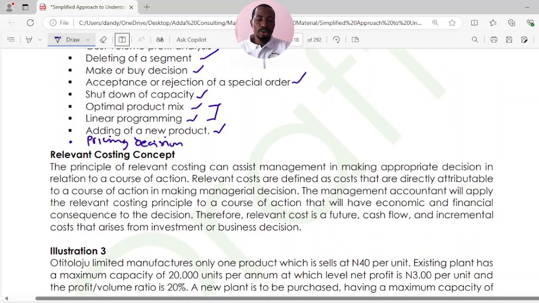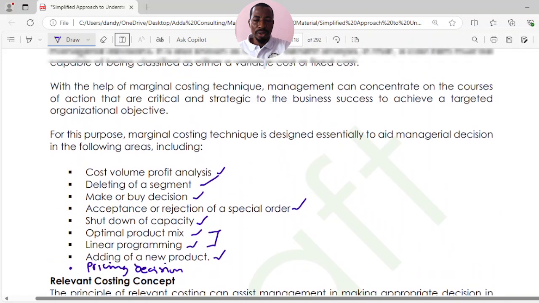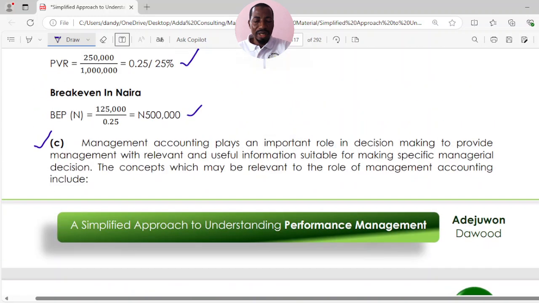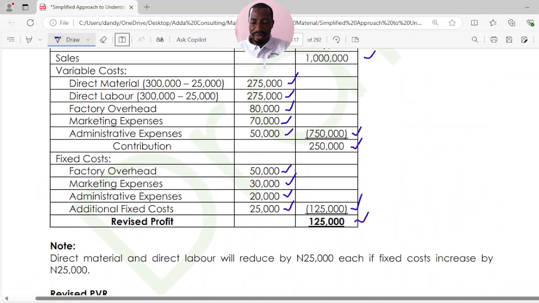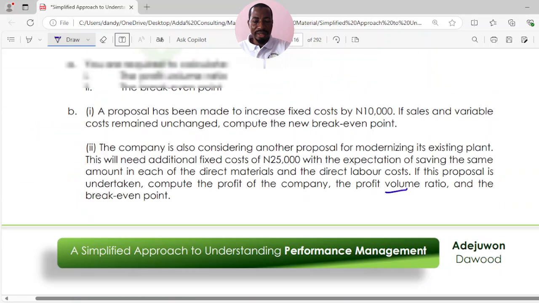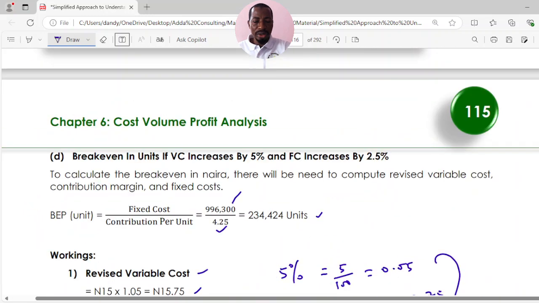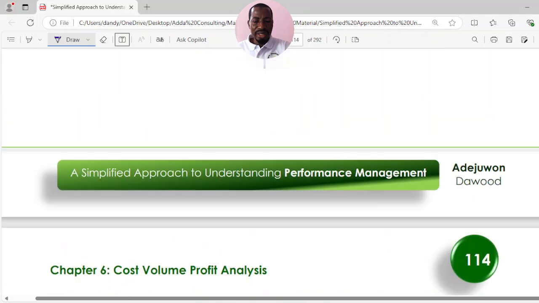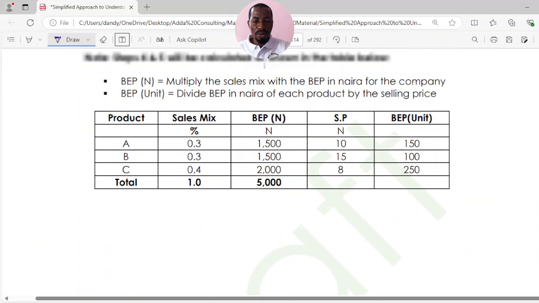Now the next thing we want to do is to talk about multi-product break-even. The way you compute break-even point for a single product organization is different from the way you are expected to compute break-even point for a multi-product organization. A multi-product organization is a company that produces more than one product.